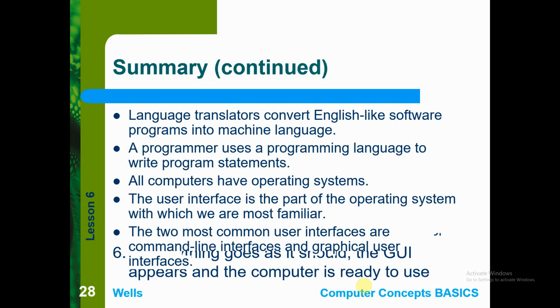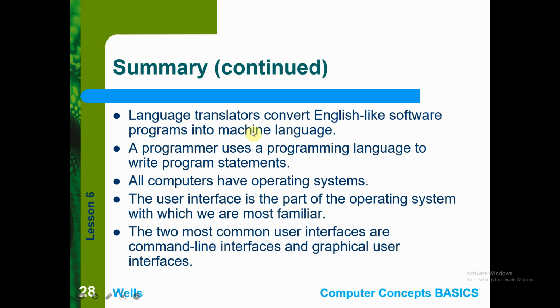Language translators convert English-like programs into machine language, whereas a programmer uses a programming language to write program statements instead of machine language that can be read. Given that all computers have an OS, they could not function without it.